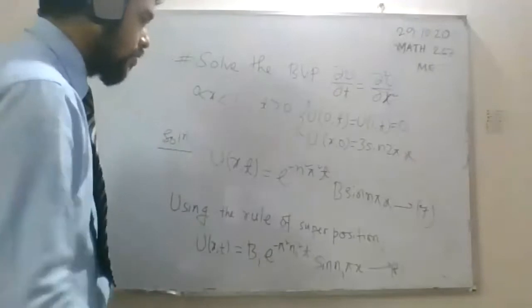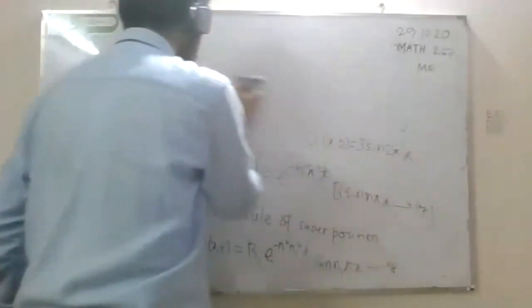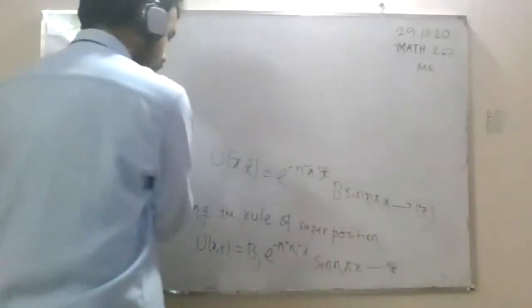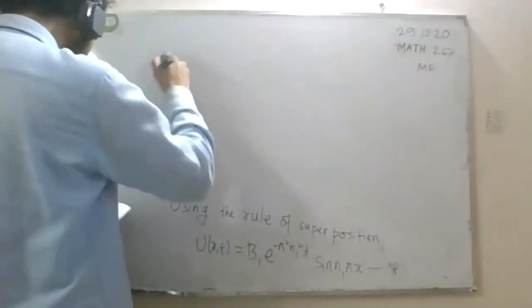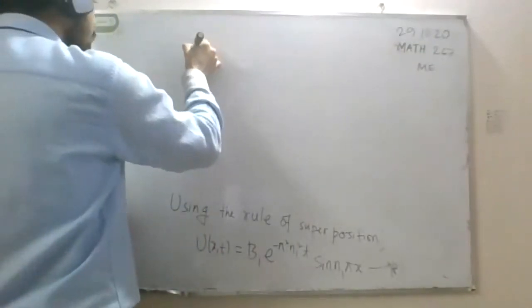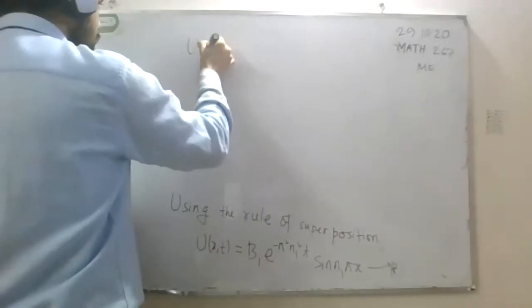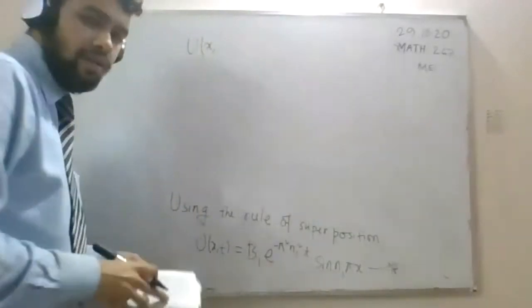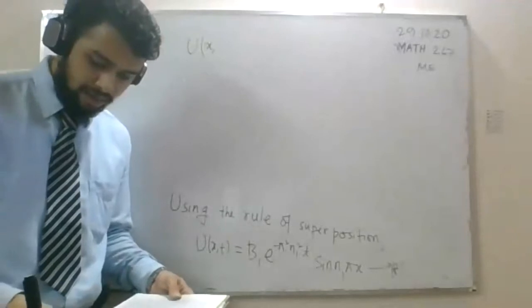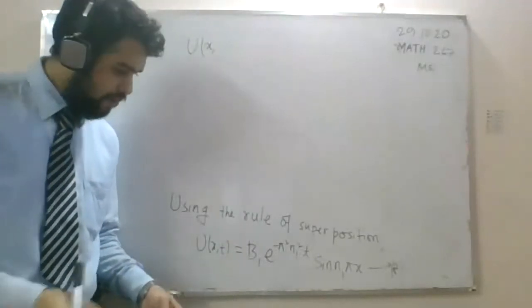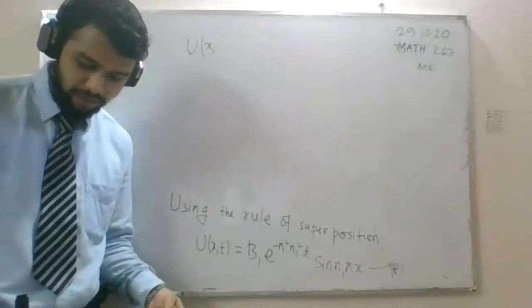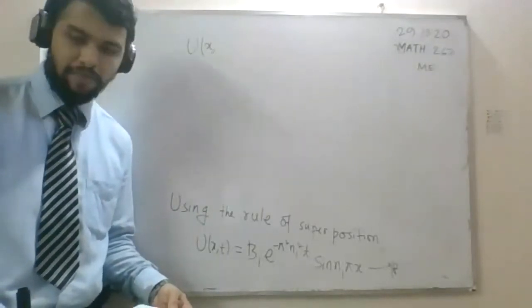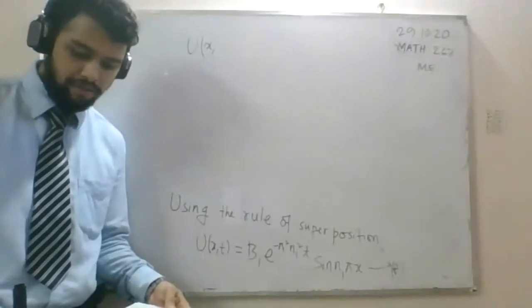Your boundary condition is already given. So comparing with your boundary condition, you can find the solution u(x,t) equals e to the power minus pi square n square t, b sin n pi x, by using the boundary condition.